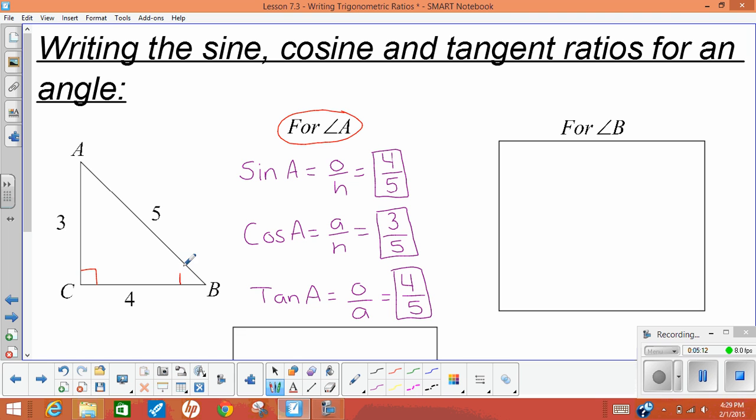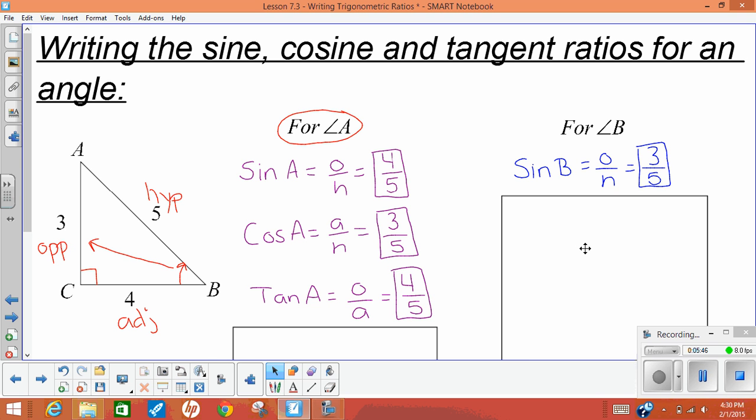This time we're going to talk about angle B. Our hypotenuse is going to be the same. It's the side AB, which is 5 long, still across from the right angle. But now our opposite and our adjacent sides are going to be different. This time, this side over here is opposite from angle B, leaving the side that is 4 long adjacent to angle B. So our trig ratios are going to be different for angle B. We're still using SOH-CAH-TOA.